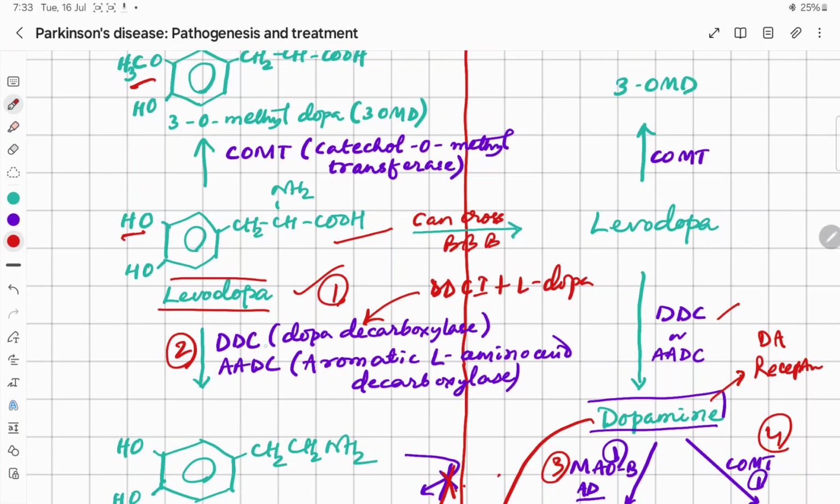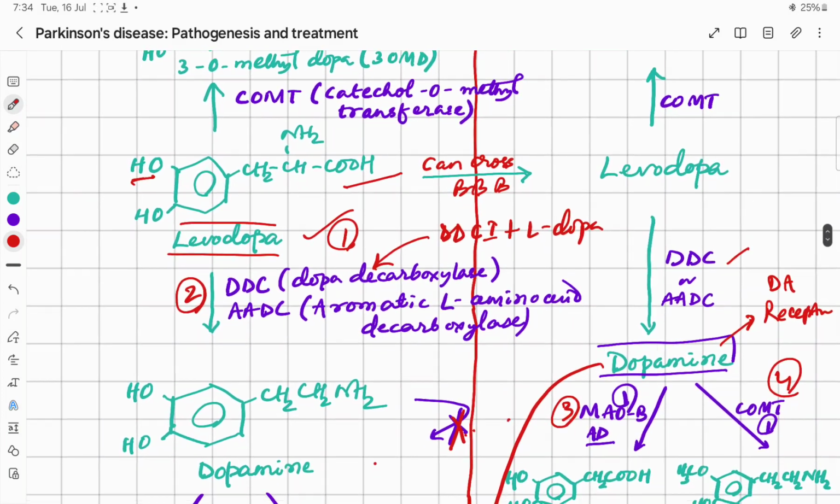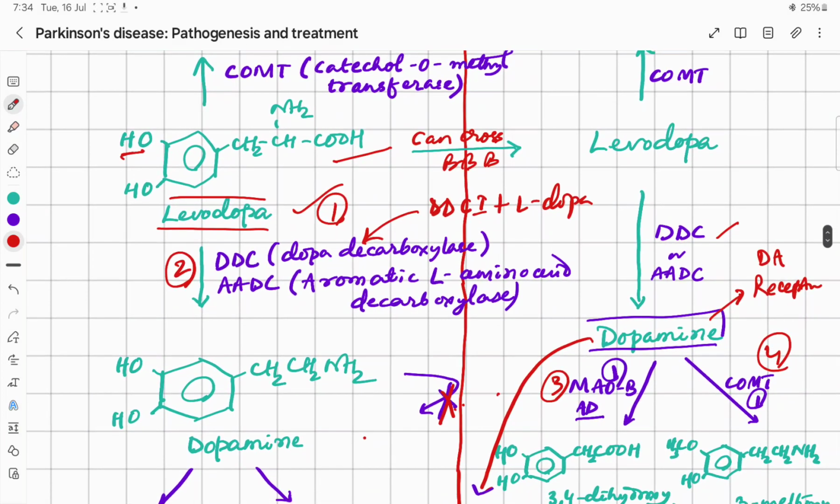One is dopa decarboxylase or aromatic L-amino acid decarboxylase, AADC, and two is COMT, catechol O-methyl transferase. In the periphery, if levodopa is metabolized to dopamine, then dopamine cannot cross the blood-brain barrier.